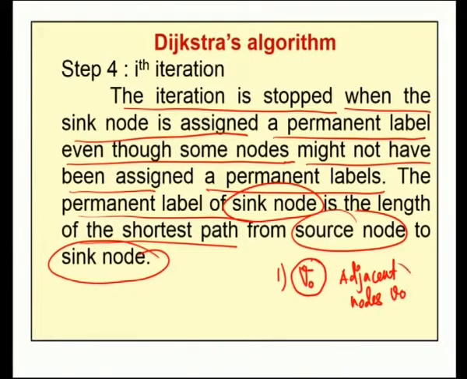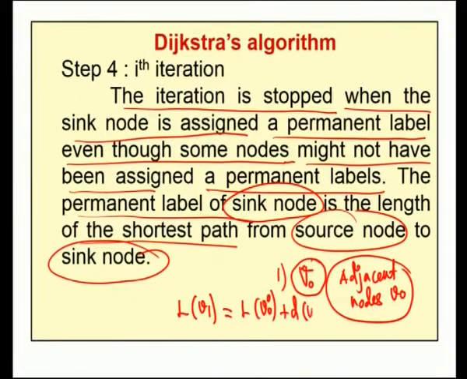For those adjacent nodes, we assign the label using the formula: suppose the adjacent node is V1, then L of V1 equals L of V naught star plus D of V naught star V1. By making use of this formula, we can assign the label for the node V1.